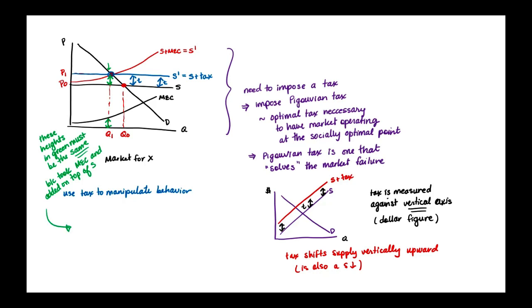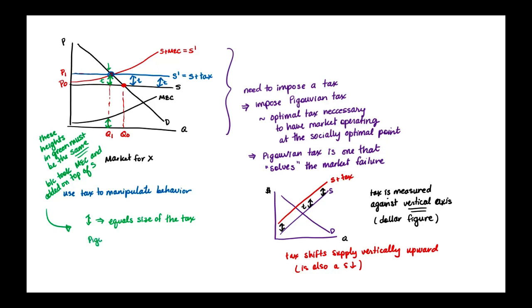But that also implies something really important. Do we agree that this is the amount of the tax? That green height equals the size of the tax. So then what does that tell you?